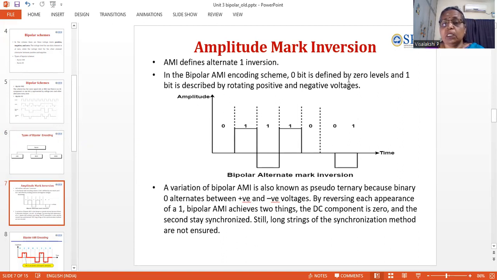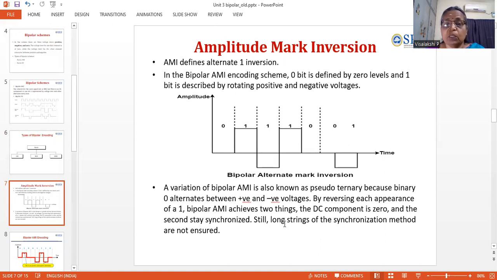It uses 0 level for the 0 bit always, but the 1 bit is represented by alternating positive and negative voltages. It is also referred to as pseudo-ternary. By reversing each appearance of 1, the bipolar AMI achieves 2 things: the DC component is 0 and the signal stays synchronized.